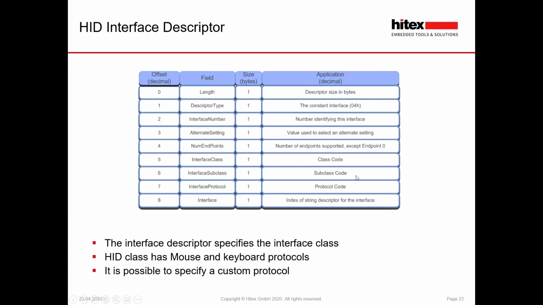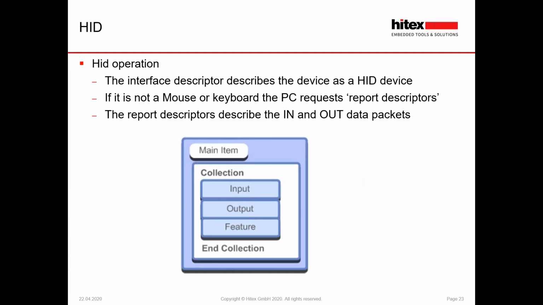The host will then start to request report descriptors, and these we use to tell it the shape of the data that we're going to send. So we're, in a way, programming the driver that's on the PC to accept our custom data.